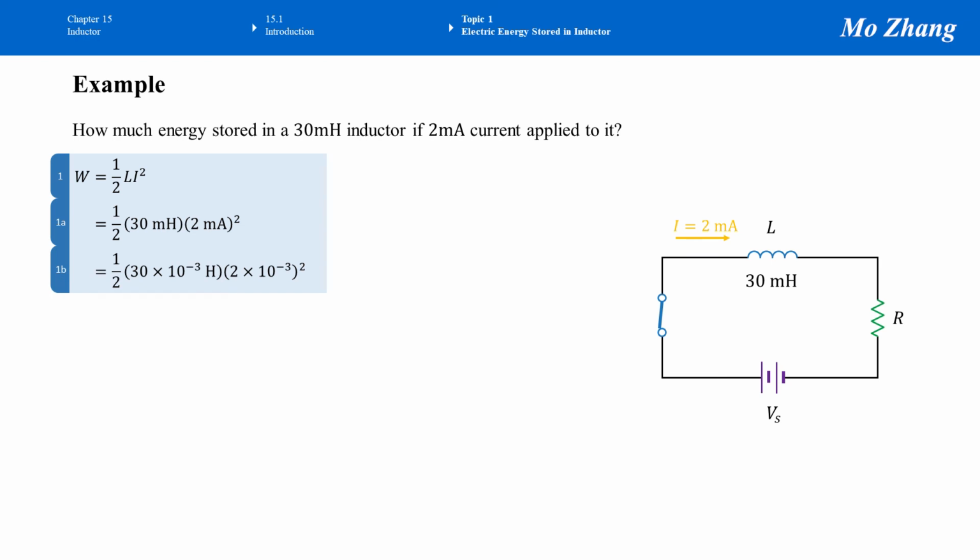So that is 1/2 times 30 times 10 to the power negative 3 Henry, times 2 times 10 to the power negative 3, and then the entire thing squared. Punching these numbers into a calculator, I get 6.0 times 10 to the power negative 8 joule. If I change this number into engineering notation, the answer is 60.00 nanojoule, a very little energy stored in this inductor.